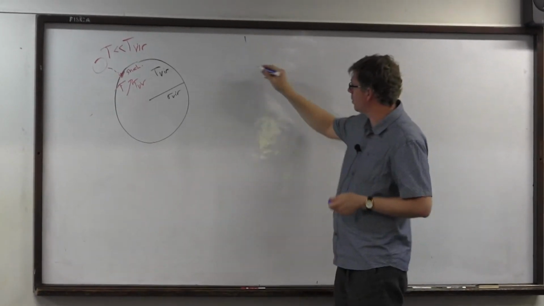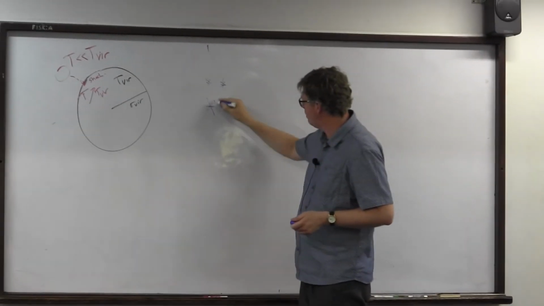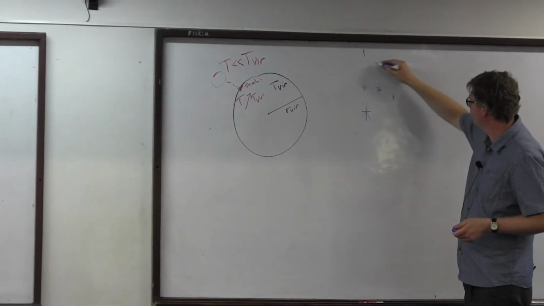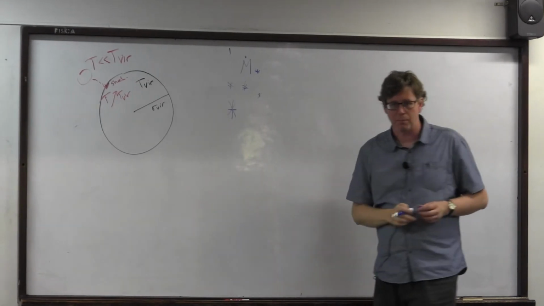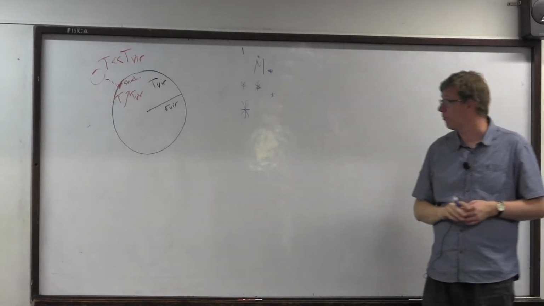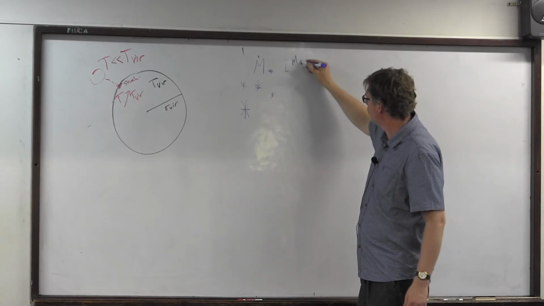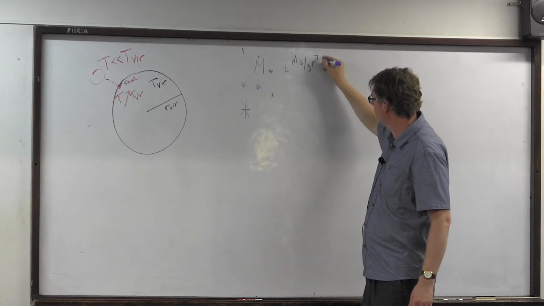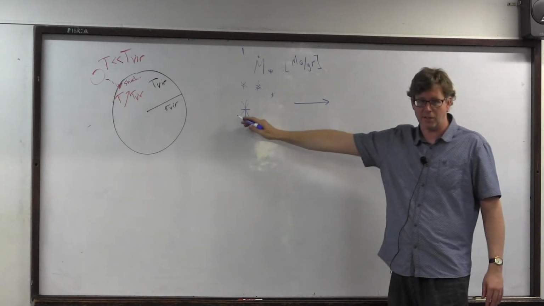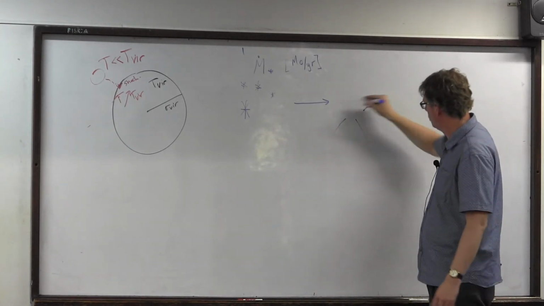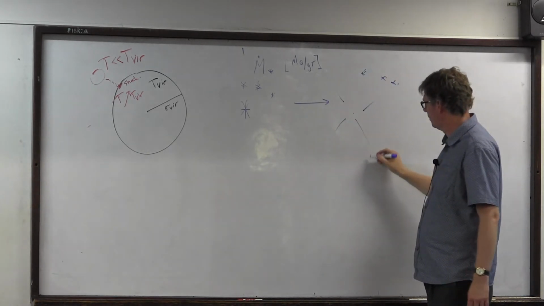So if I form some stars, some of them will be bigger, some will be smaller. The rate at which I form them is m dot star. It's the star formation rate. It's in units of solar masses per year. Then time goes on. This might explode. The others stay around.